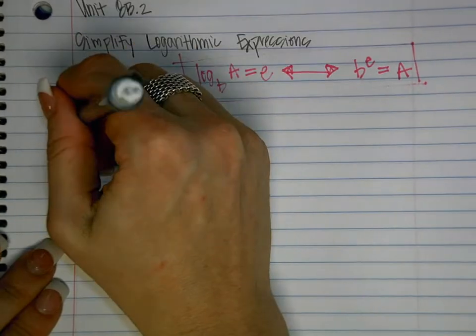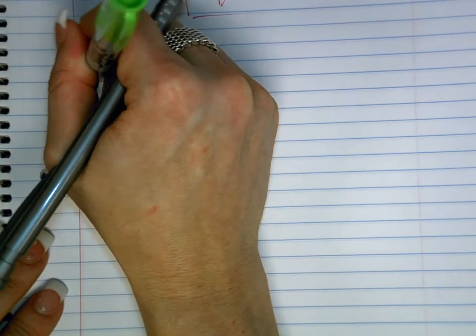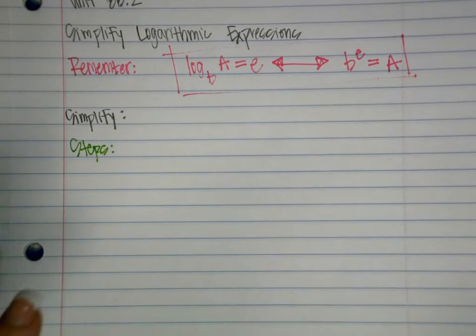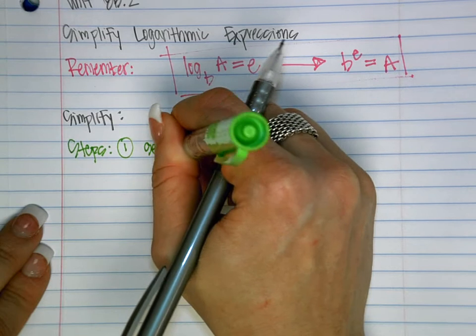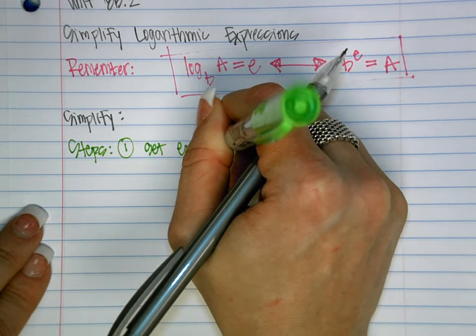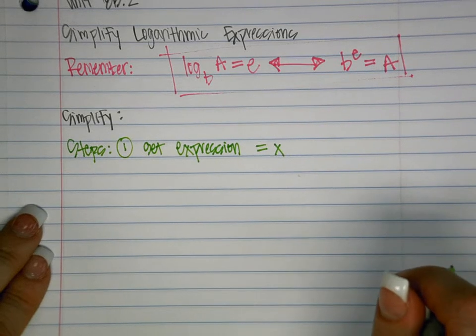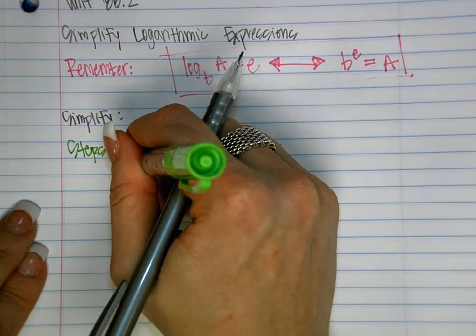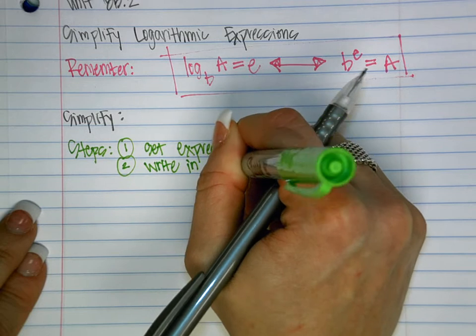So if your instructions are to simplify, there are a couple of steps to simplifying. Step 1 is to set the expression equal to x. We're always going to start with that. Step 2 is to write in exponential form.